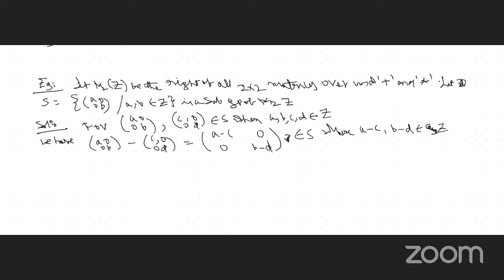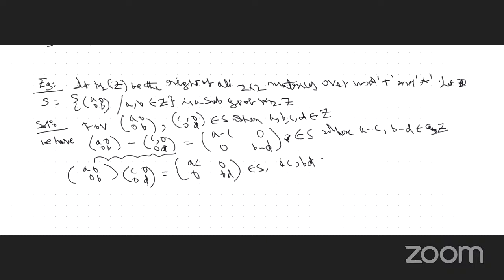Here we did subtraction; now we need to do the product. The product of [A 0; 0 B] and [C 0; 0 D] is matrix multiplication, rows times columns, and here AC, BD also belong to the set of integers Z. So S is a subring of M2(Z).